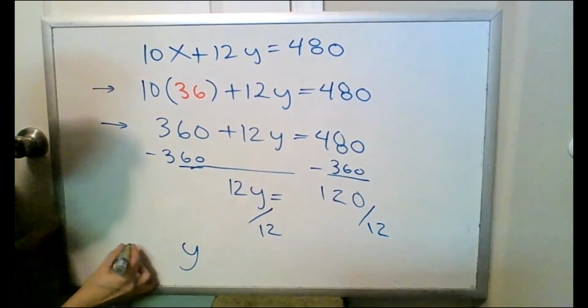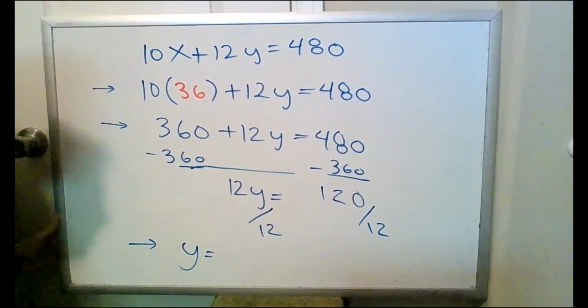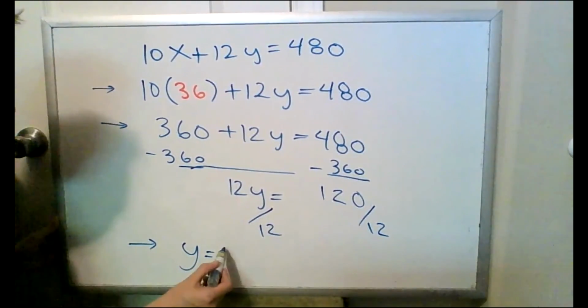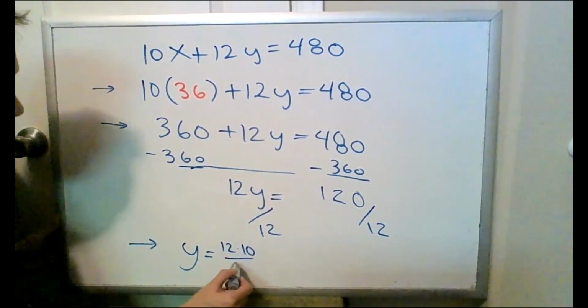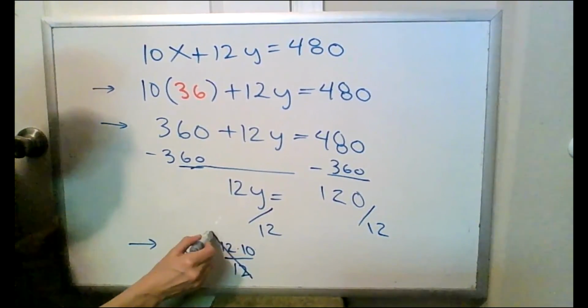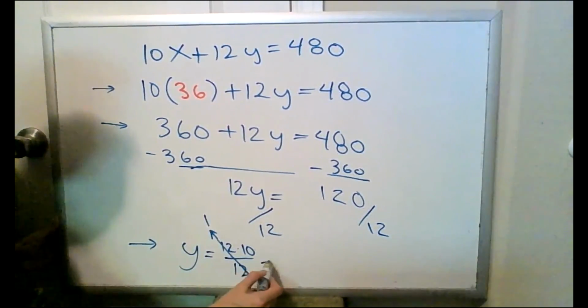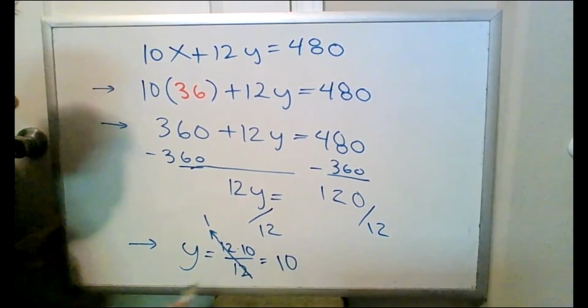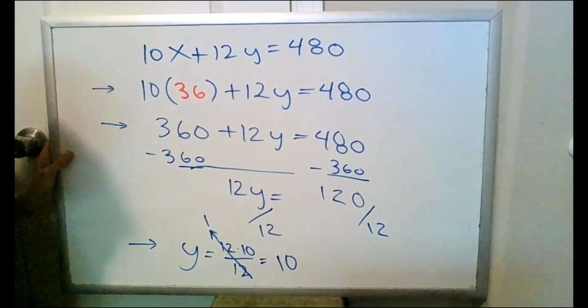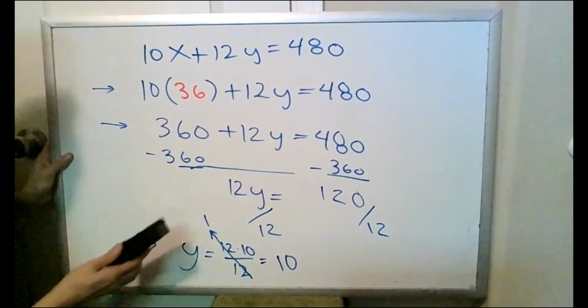Okay, y equals 10. 120 is 12 times 10, and it's over 12. The 12 over 12 is going to reduce down to 1, which leaves 10. As a full sentence, you would say she worked 10 hours at $12 per hour.